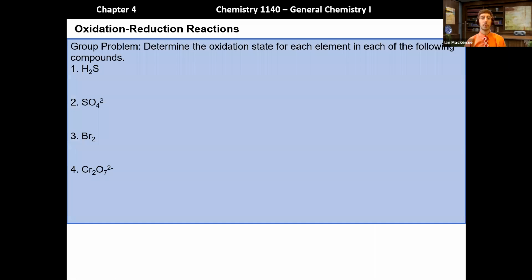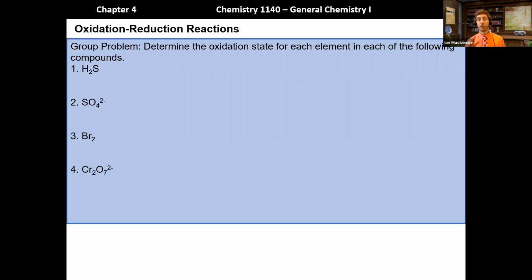Let's go through a few other examples. So hydrogen sulfide, the sulfate anion, elemental bromine, and this chromate anion. If we take a look at each of these, in this first compound, hydrogen is bonded to a nonmetal, sulfur.